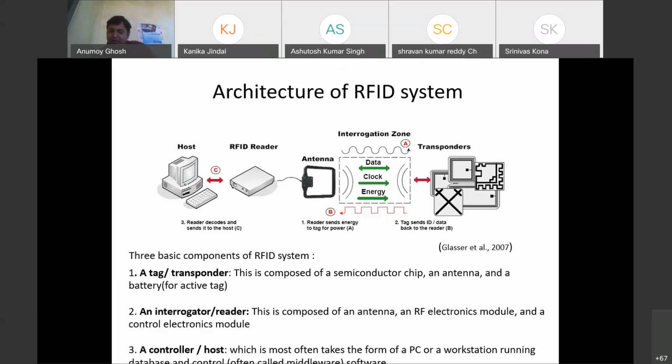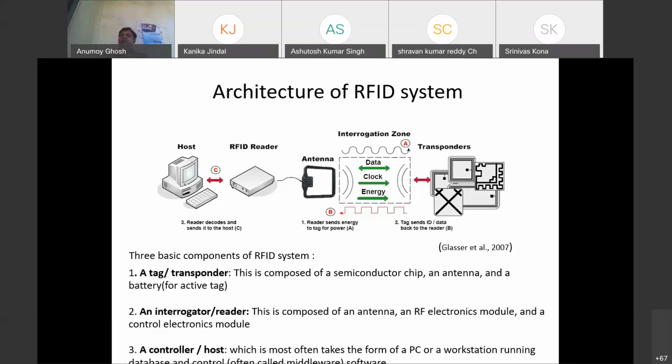One more thing may also happen: data may also be sent from the reader antenna to the tag antenna. For example, in a speed limit system, the reader antenna will be directing the tag antenna that your speed limit should come down to 20 km/h. That means in that particular system, the reader antenna is sending some data to the tag antenna.